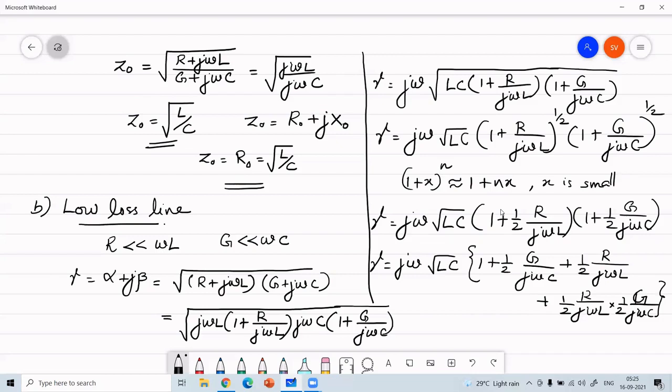So we can write gamma is equal to j omega into root LC into (1 plus half into G by j omega C plus half into R by j omega L).